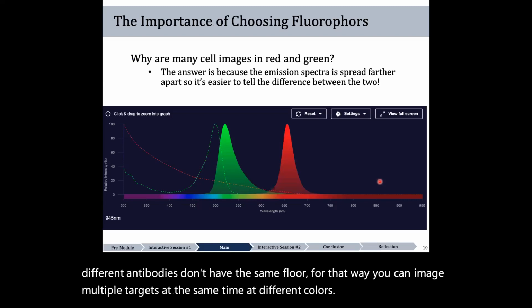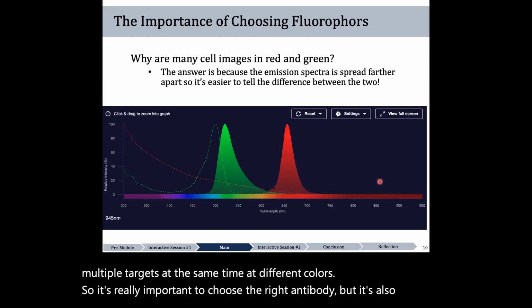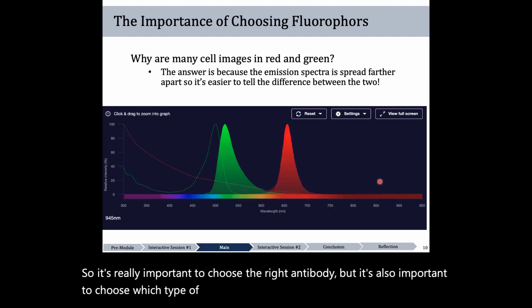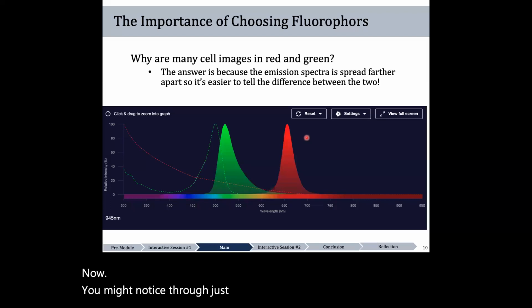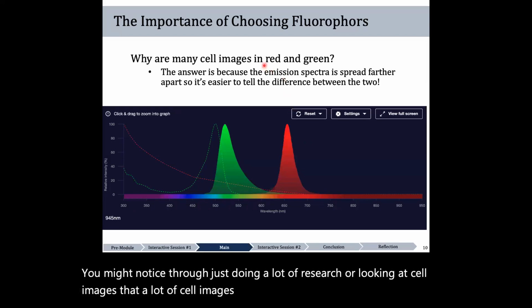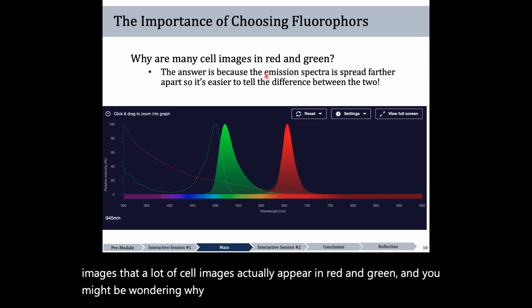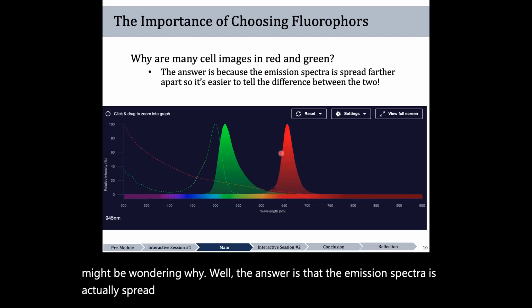So it's really important to choose the right antibody, but it's also important to choose which type of fluorophore you want to use. Now, you might notice through just doing a lot of research or looking at cell images that a lot of cell images actually appear in red and green. And you might be wondering why. Well, the answer is that the emission spectra are spread farther apart, so it's easier to tell the difference between the two.